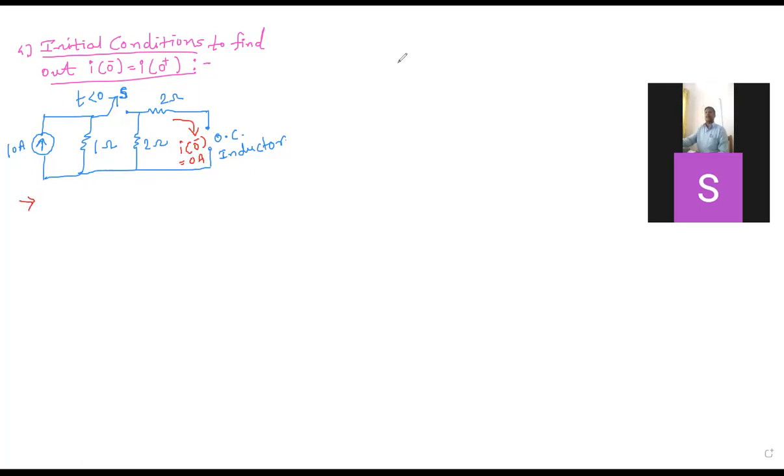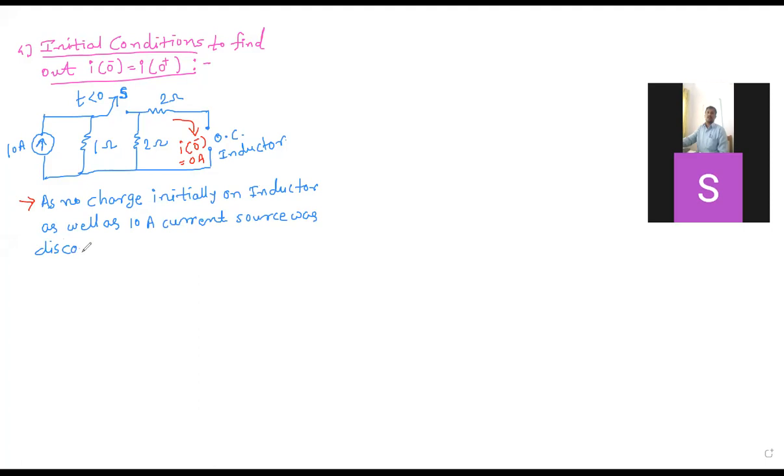So I will write each and every explanation here. As there is no charge initially on the inductor, as well as the 10 ampere current source was disconnected for t less than 0.